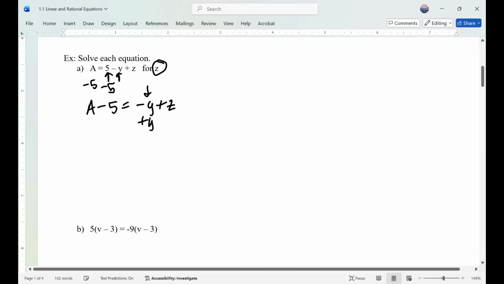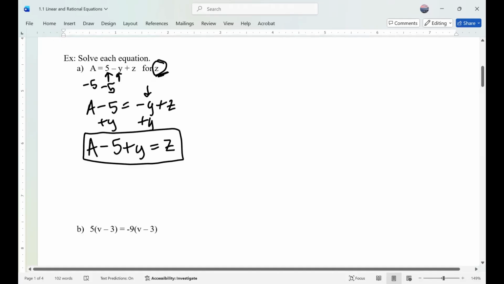That means I'm going to add Y. Again, adding Y to the left-hand side, that's not the same as any of those. So the way I'm going to write it is A minus 5 plus Y is equal to Z. And then when Z, or whatever letter they're asking for, is completely alone, then you've solved the problem and you leave it as is. And you'll have many different formulas to use. We'll talk more on formulas as we go throughout the quarter.